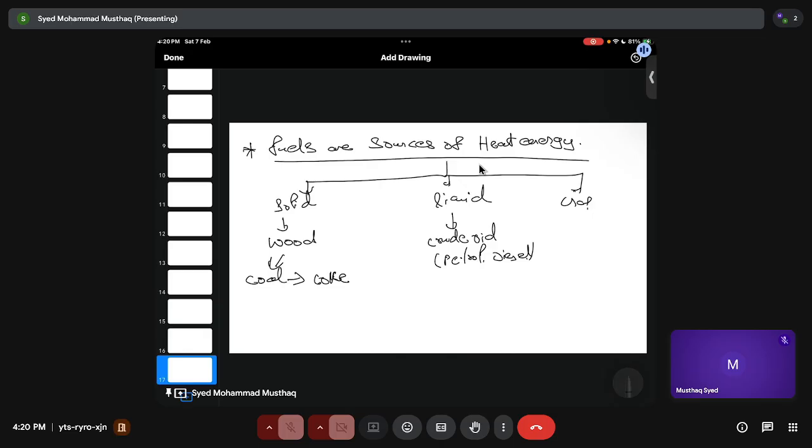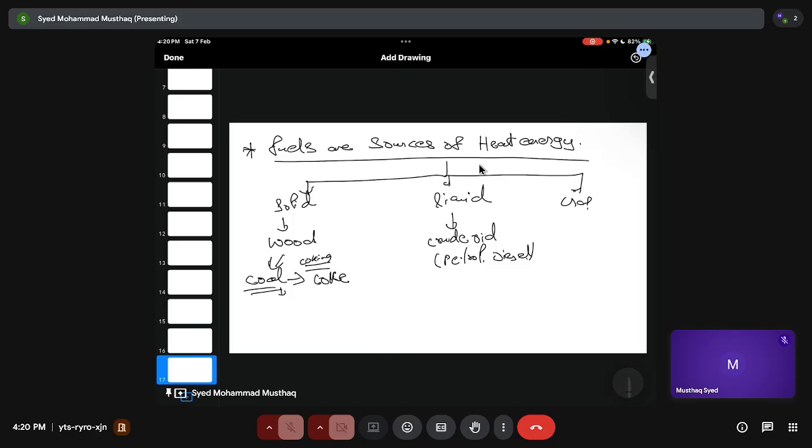Coke has a higher calorific value when compared to coal. This is called the coking process. In the coking process, you heat the coal and remove the volatile matter, and even remove the moisture. At first it becomes soft at around 400 degrees centigrade, and once you reach 600 degrees centigrade, after all the impurities are gone, it becomes a hard mass.